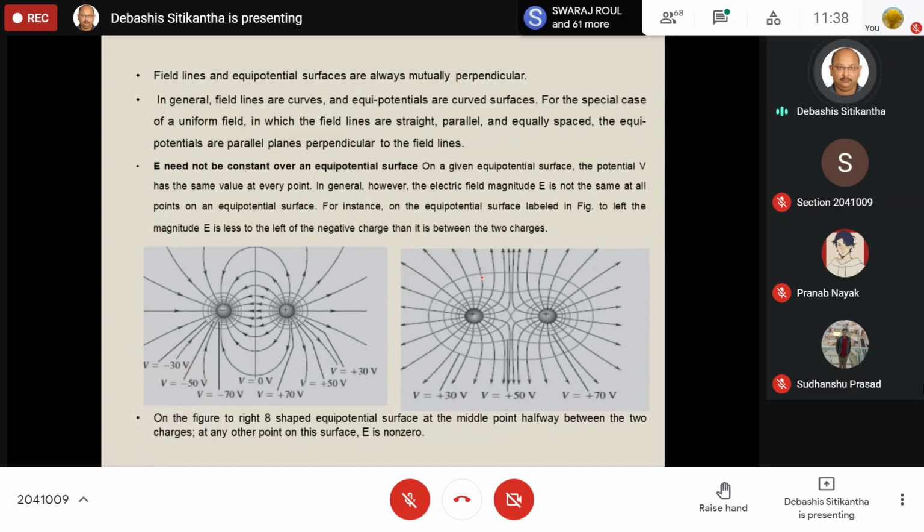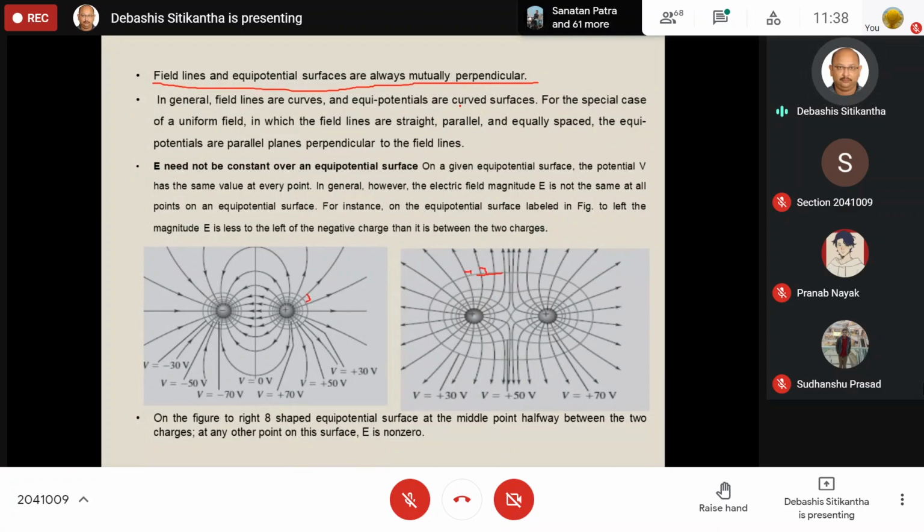You will see that this electric field line is perpendicular to this equipotential surface contour. Similarly, this one is also perpendicular, and this is also perpendicular. So another important property is that the equipotential surface and the electric field lines are always mutually perpendicular to each other.